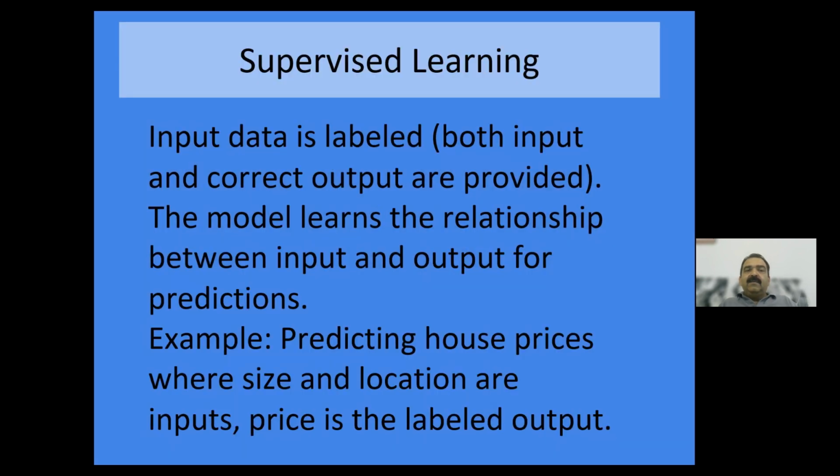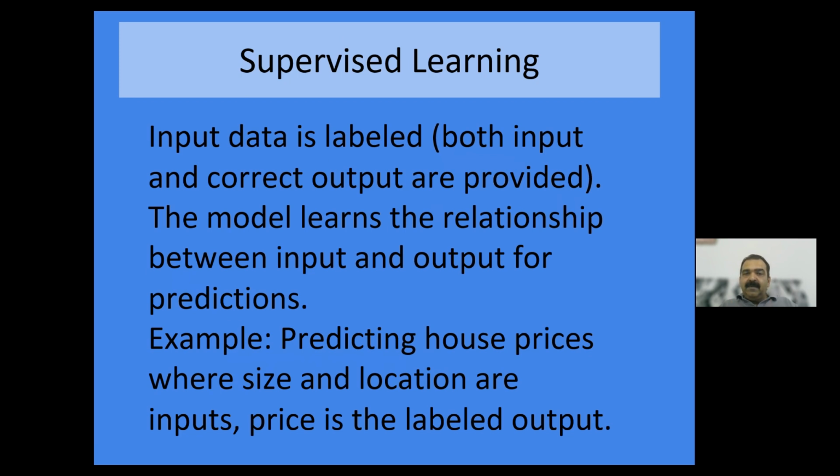Now supervised learning has input data, and the input data is labeled. That means both input and output are given, and both are labeled. So in supervised learning, output data is also given.